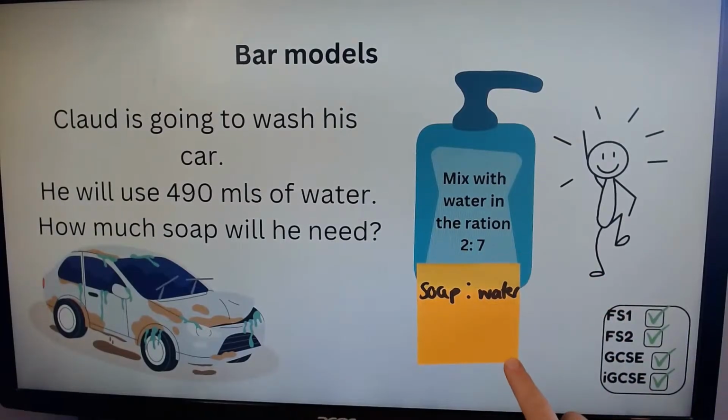It's important. So Claude is going to wash his car. He will use 490 mils of water. How much soap will he need?